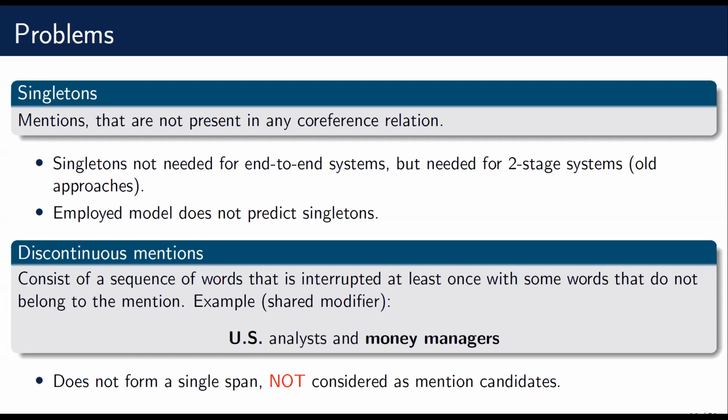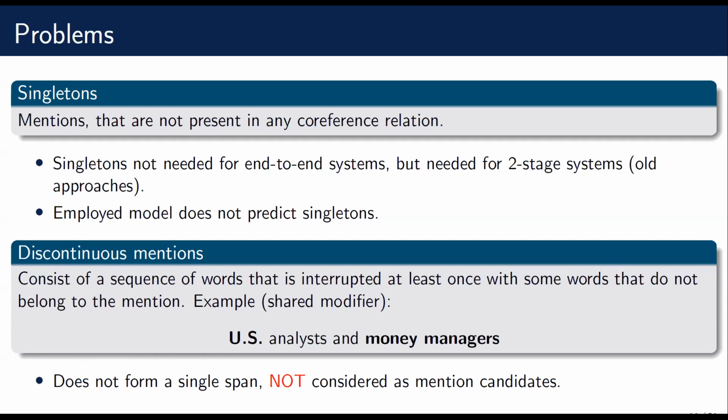First, there was the mention identification phase, and in the second phase, there was the coreference relation phase. So the model doesn't predict singletons. That is the reason why for languages that contain a lot of singletons, the performance goes down.